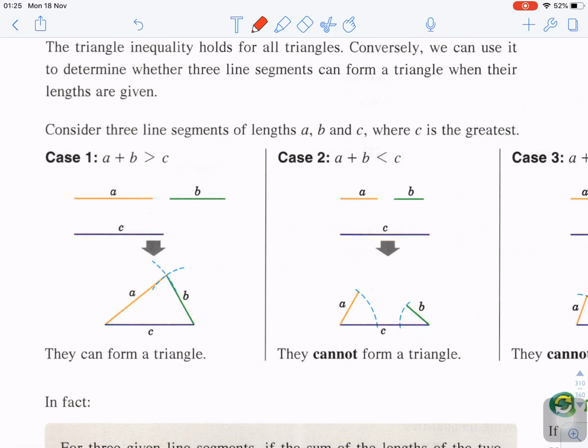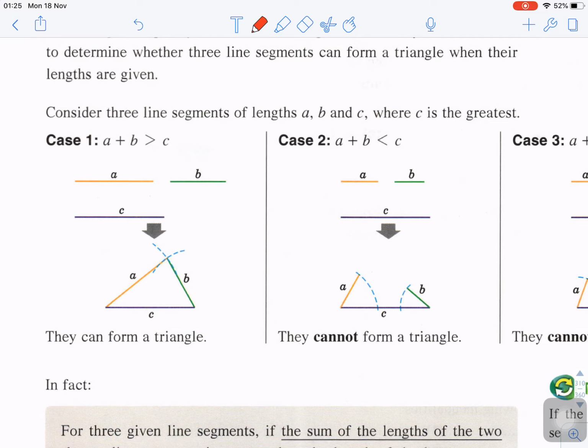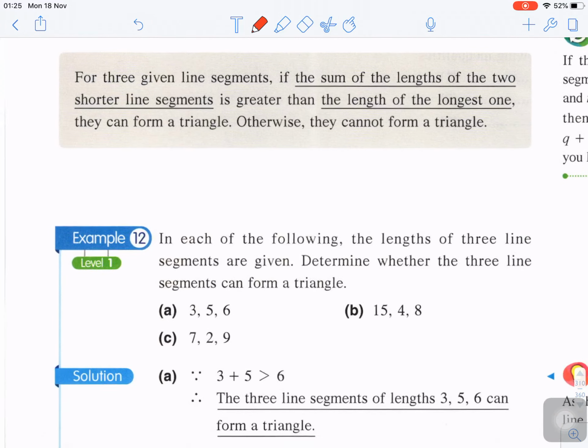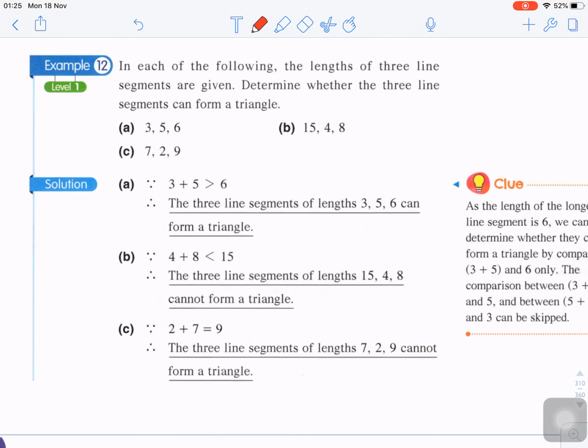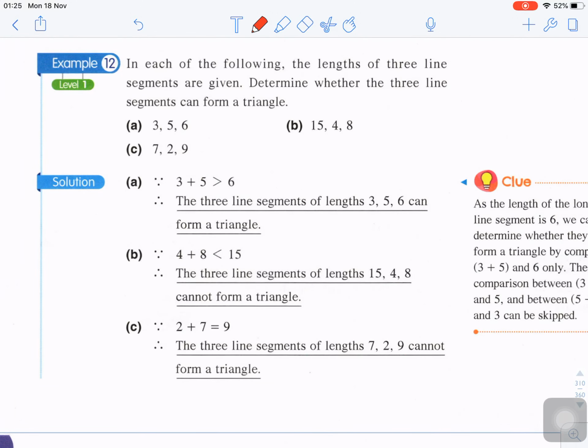So that's the conclusion. If the triangle can be formed, any sum of two sides must be larger than the remaining side. The proof is very straightforward. Example 12: determine whether the three line segments can form a triangle.